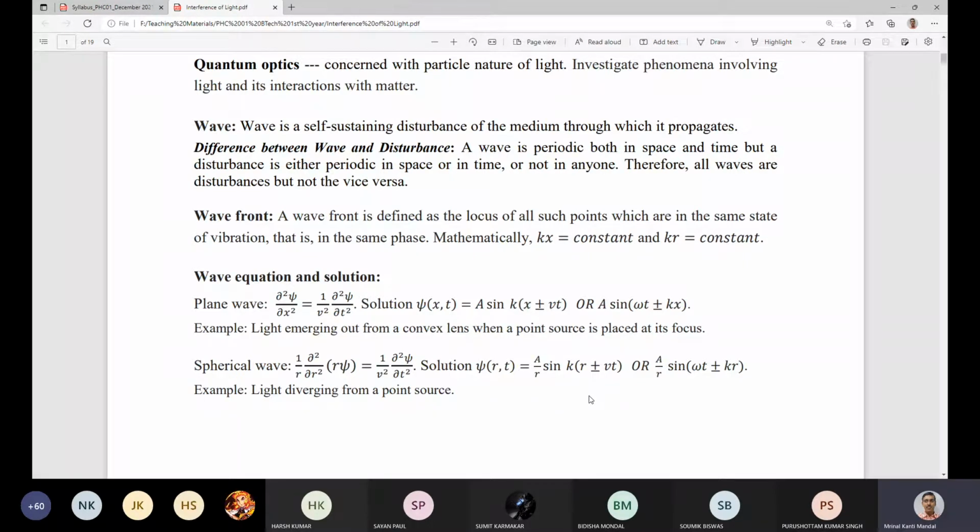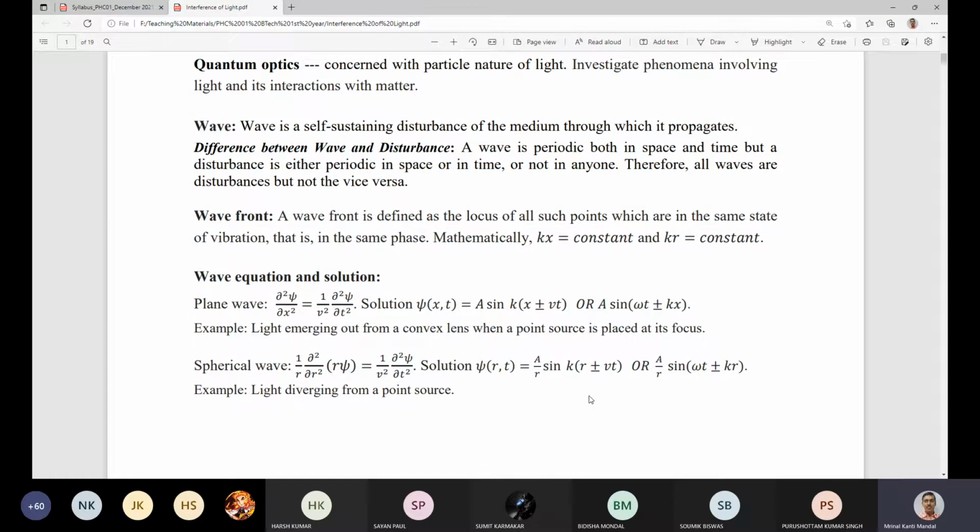So the equation of wavefront you need to remember, that is kx equal to constant or kr equal to constant. If it is a plane wave, then kx equal to constant, or spherical or cylindrical, then kr equal to constant.